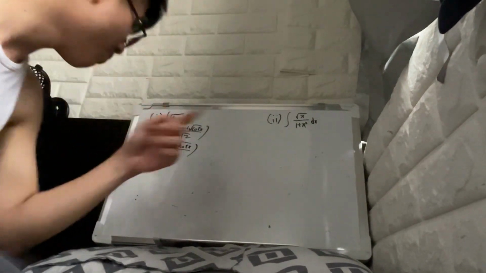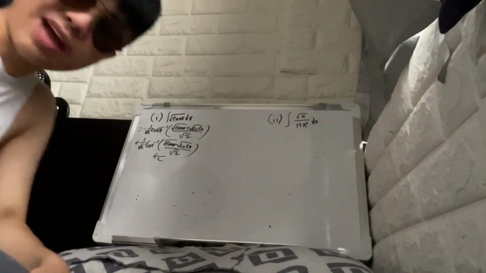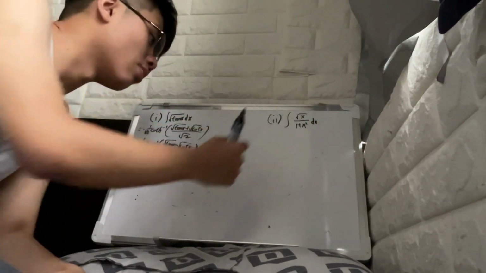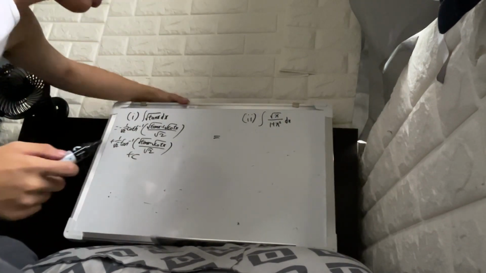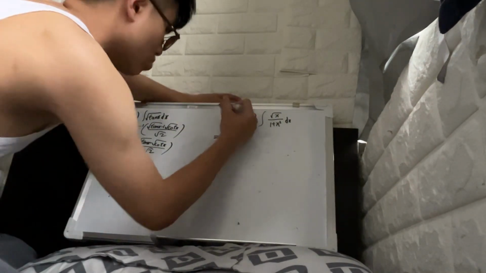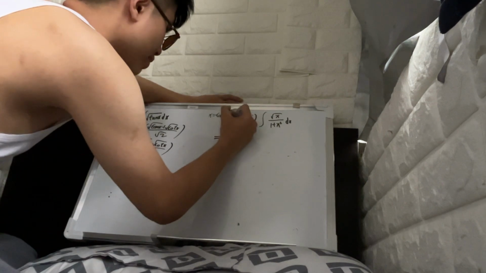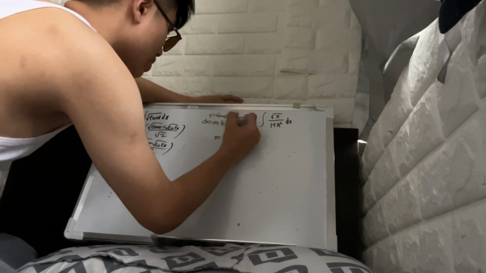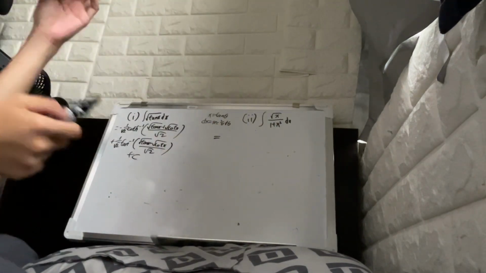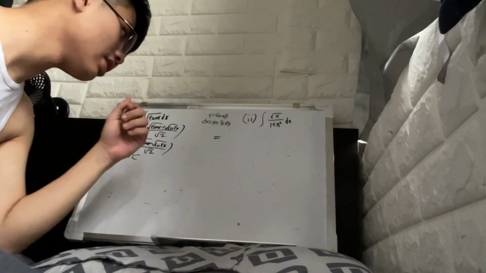And number 2, what about this? I think some of you have already figured out. Just use our trigonometric substitution. We let x equal tangent theta, dx equal secant square theta d theta, because the derivative of tangent theta is just secant square theta.